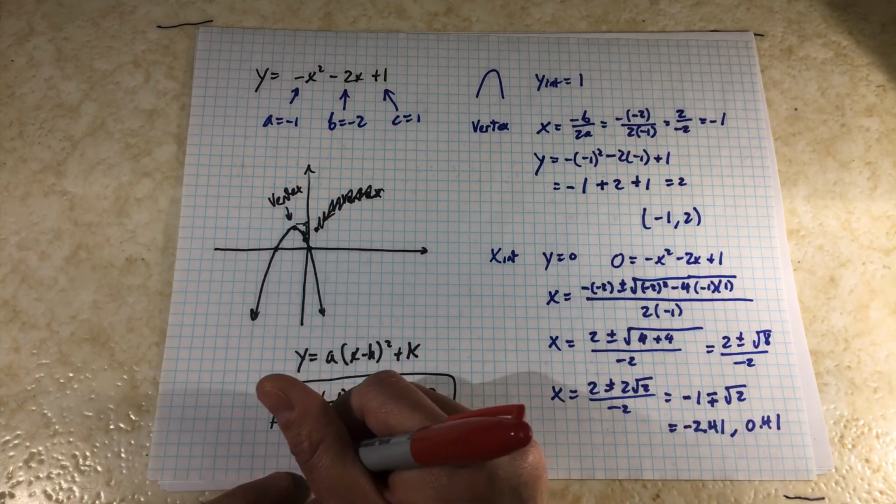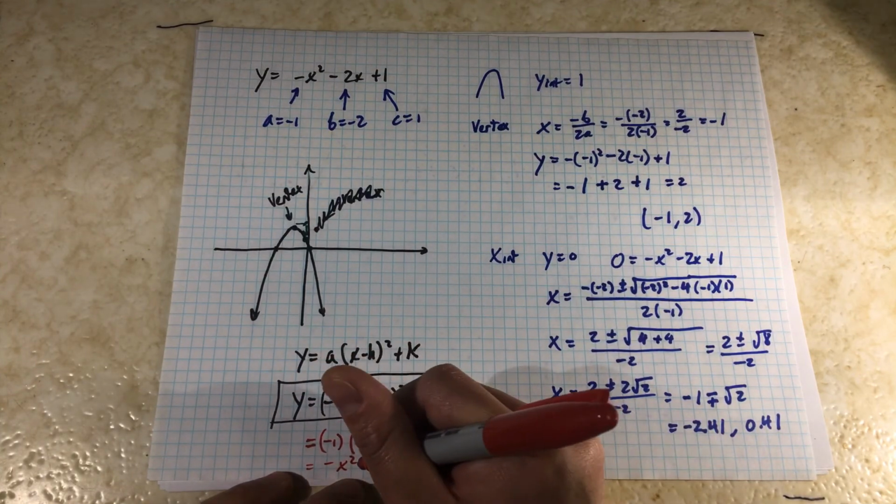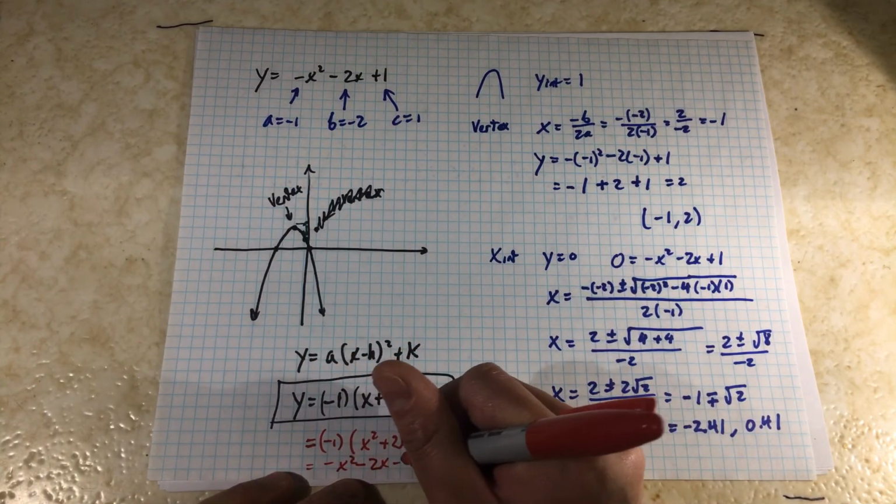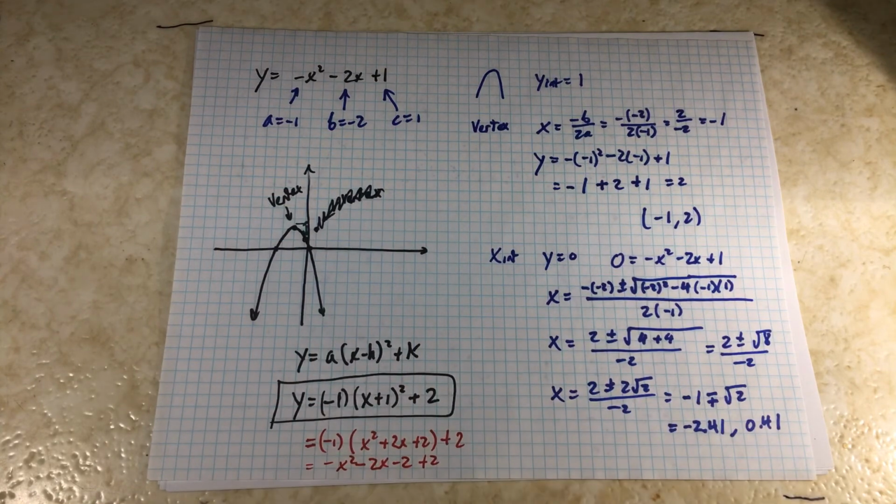So you put negatives on all these, -x squared, -2x, -2 plus 2. Wait, did I screw this up? Because I noticed that this 2 canceled out. I'm trying to figure out, did I screw something up here?